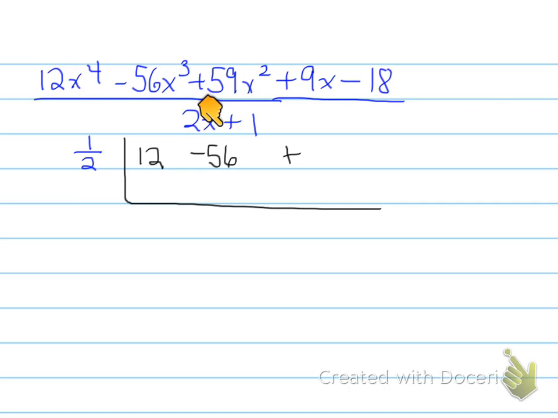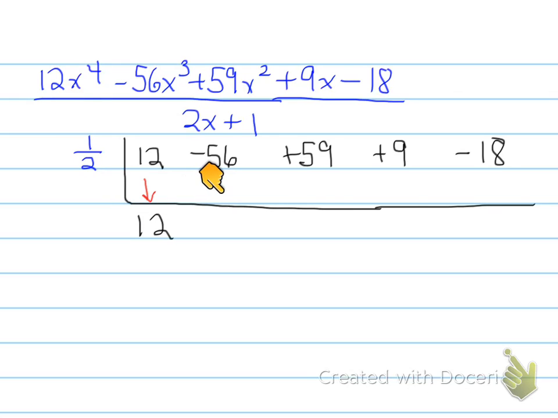And I'm going to show you why long division is highly recommended with a denominator of factors where there's a coefficient in front. Alright, so we're going to put all the numbers in there, which is what we did here. We use synthetic division, so bring down the 12, multiply the 1/2 times the 12, put it here, that gives us 6.